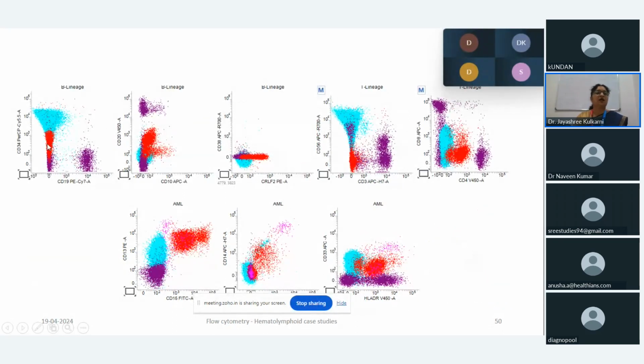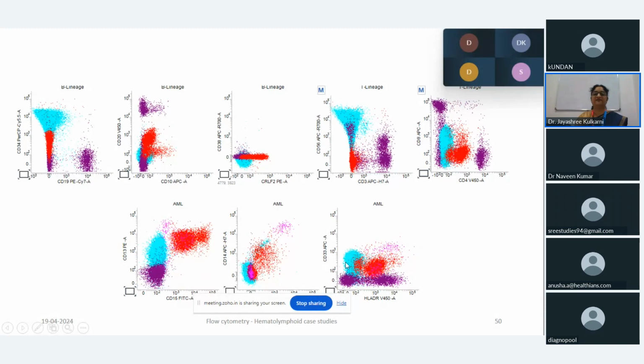But when you come to your B lineage and T lineage, what you're finding here is very bright CD56. Very bright CD56. Please keep it in mind. If it was an AML, your 33 and HLA-DR should have been bright positive here.